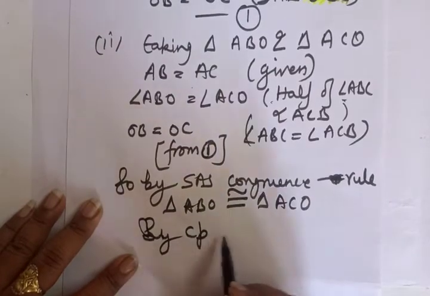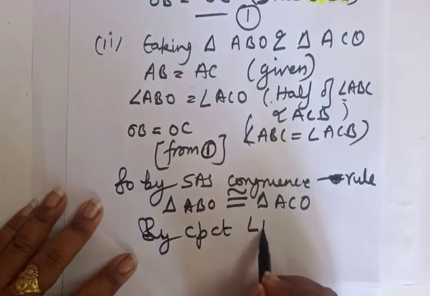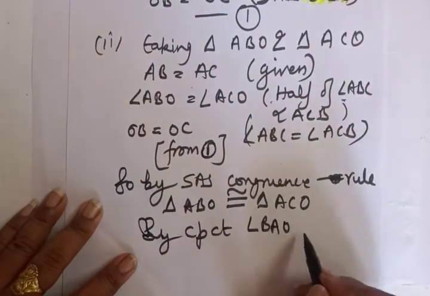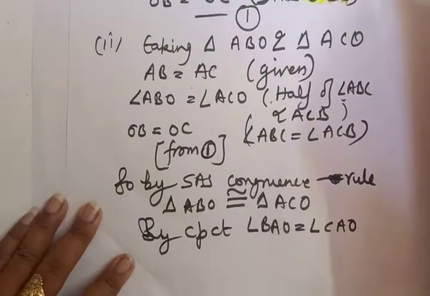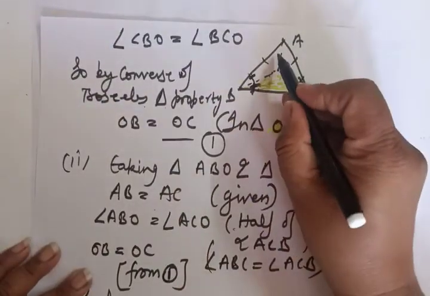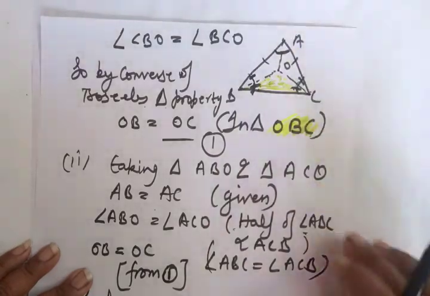So by CPCT, angle BAO is equal to angle CAO. BAO, this angle, is equal to this angle CAO.